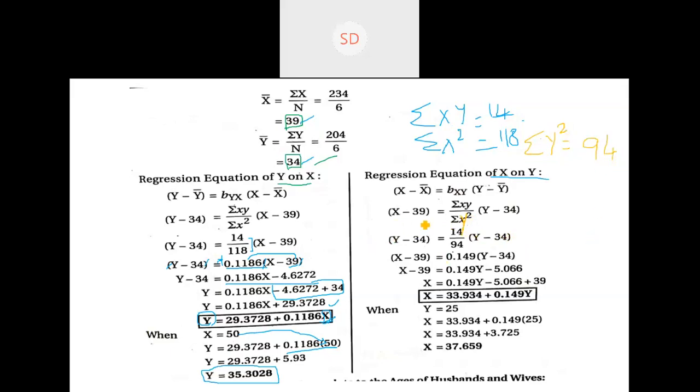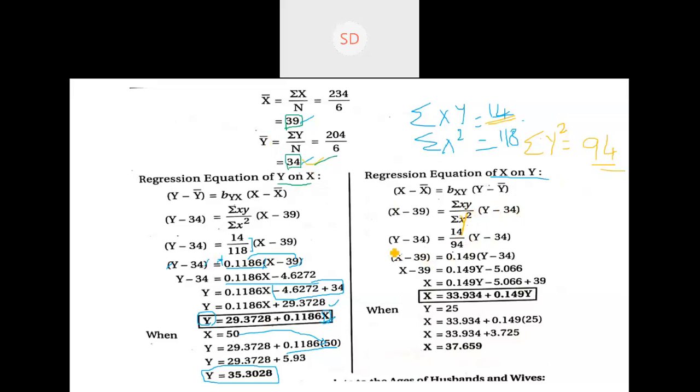So x minus x bar, that is x minus 39, is equal to sigma xy, which is 14. Xy will remain the same. So 14 divided by sigma y square, which is 94, into y minus 34. 34 is from y bar here.